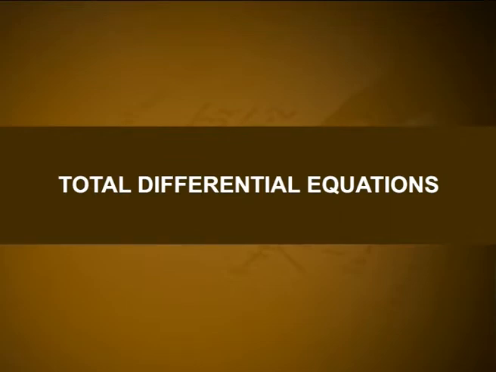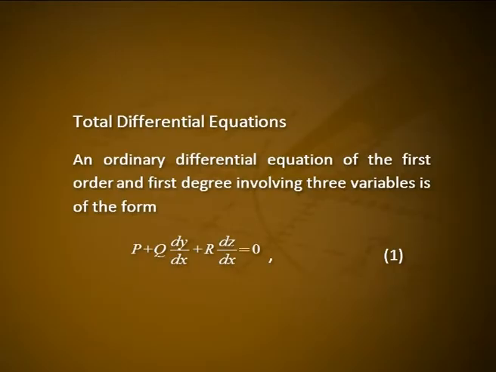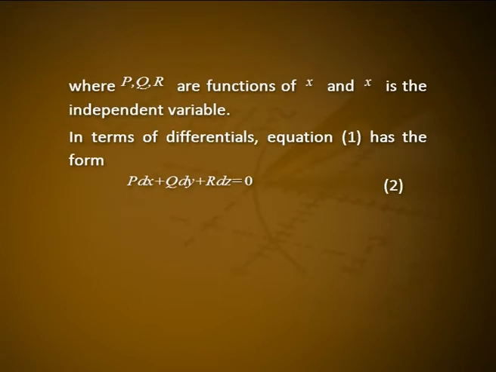Total differential equations. An ordinary differential equation of the first order and first degree involving three variables is of the form P plus Q dy by dx plus R dz by dx is equal to 0. Let it be equation number 1, where P, Q, R are functions of x and x is the independent variable.